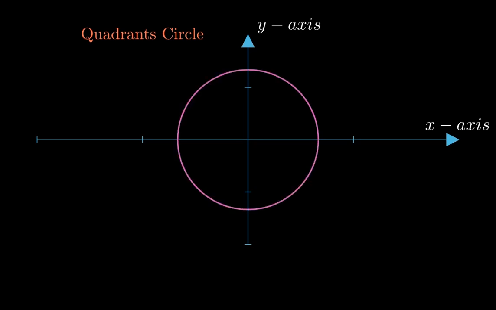So that means that you have the first quadrant from 0 to 90, then the second quadrant between 90 and 180, the third quadrant between 180 and 270, and the fourth quadrant between 270 and 360. Those are the quadrants. Take note of those quadrants, because we shall be talking about quadrants a lot in this trigonometry.